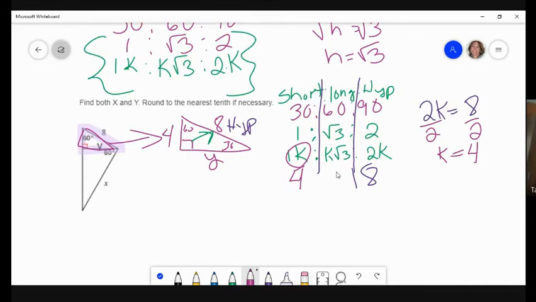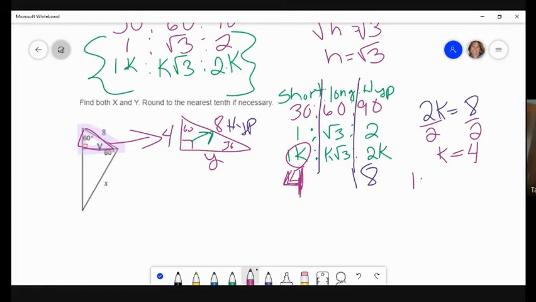Now, why we like to tell y'all to always go back to k, always go back to the leg, is because once you find that leg, everything else is really easy. All we have to do now is take what we have for k and plug it in to our next one.